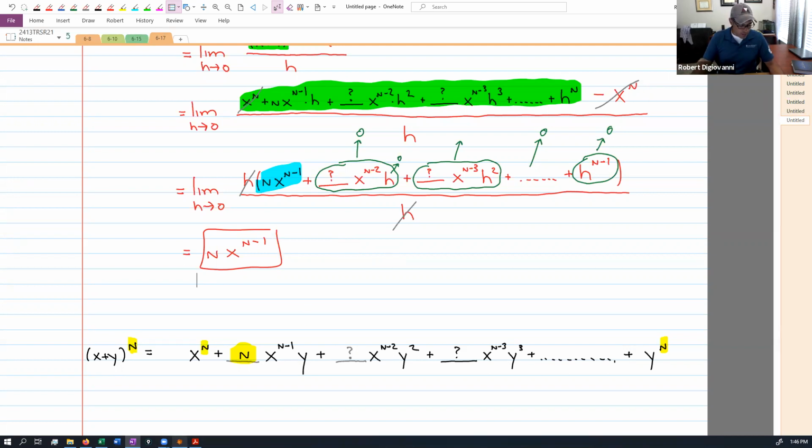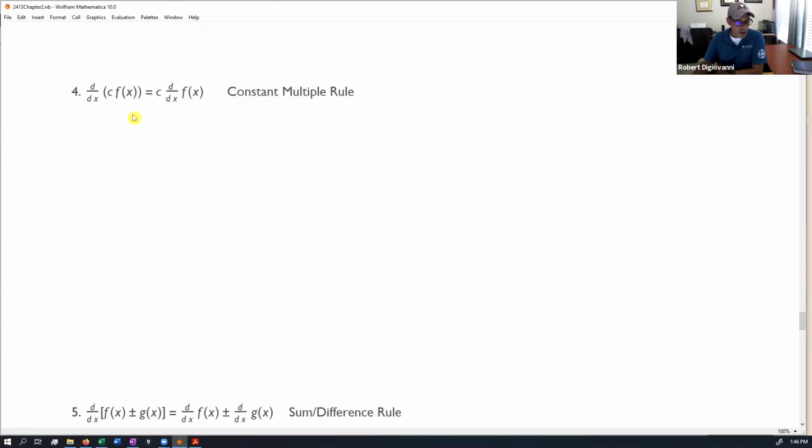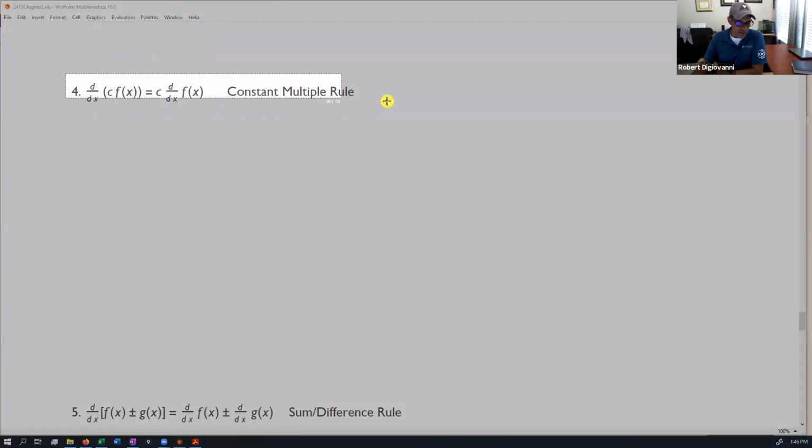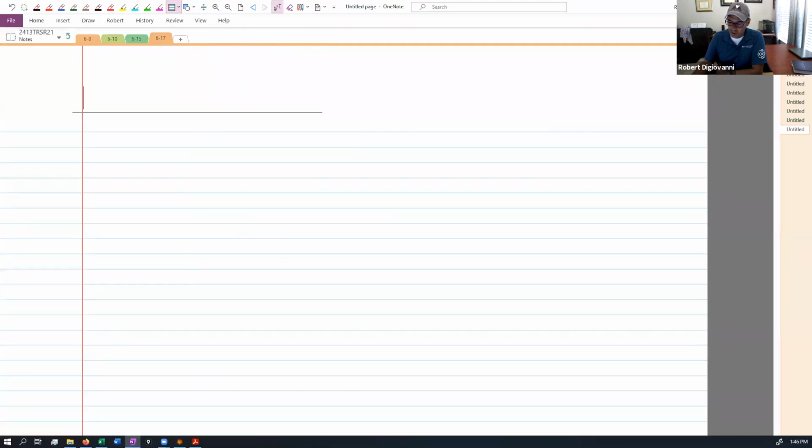All right, back to the formulas. The almighty power rule. Okay, the next one is called the constant multiple rule. And this is not a really complicated rule. Let me show you how it works.